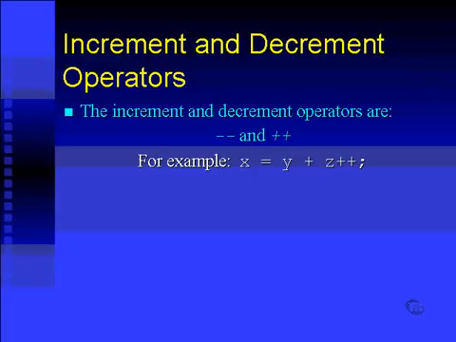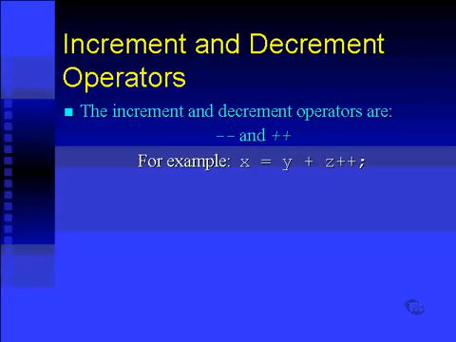So, let's do some numerical examples here. If y is 1 and z is 2, then x is probably going to be either 3 or 4, isn't it? It depends on whether the incrementing of z happens before or after the assignment is done.